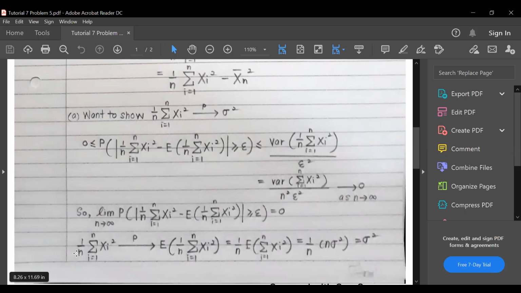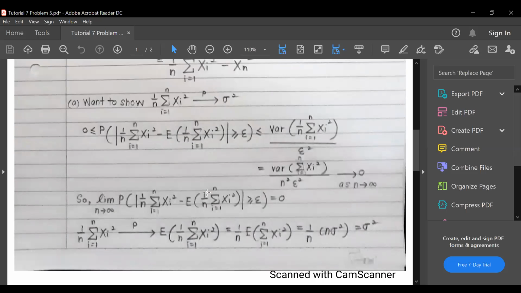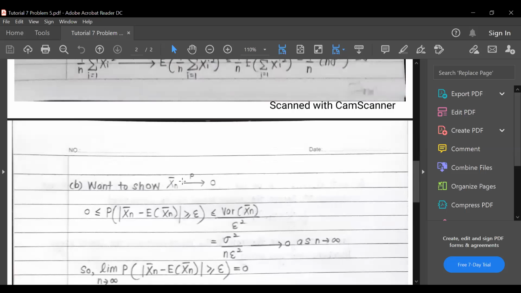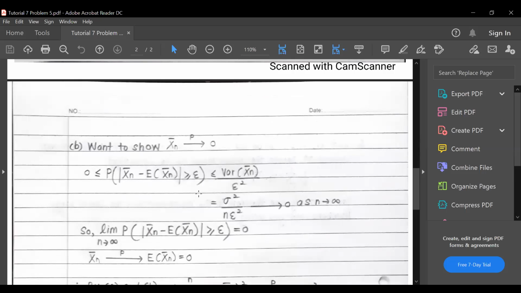So I said that 1 over n summation of Xi square converges in probability to the expected value of 1 over n summation of Xi square, which equals sigma square. For the next one, Xn bar converges in probability to 0. Again I used Chebyshev's inequality and showed that this approaches 0 as n approaches infinity.